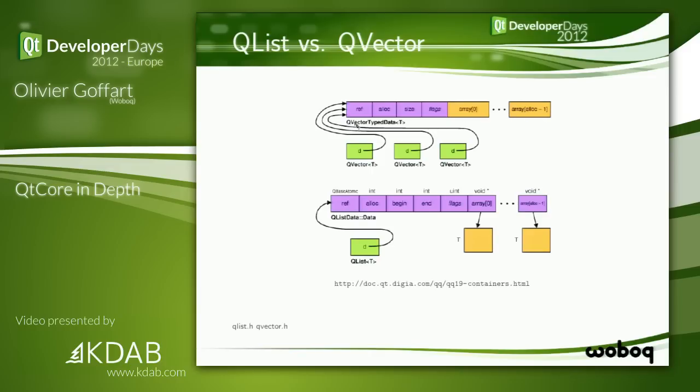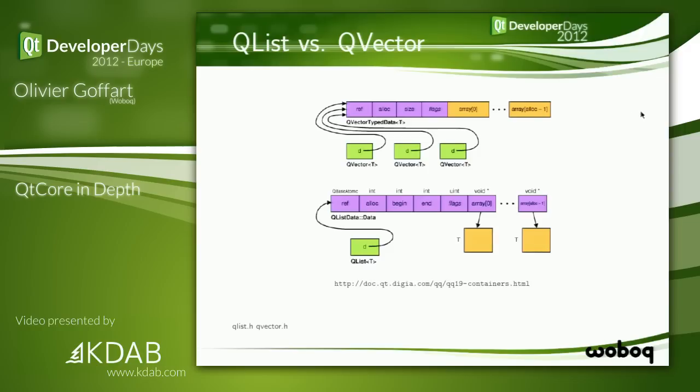The other difference is that in QVector we have a size, and in QList we have a begin and an end. Both of them have an alloc, which is the size of this array, how much size is allocated there. It's not the same as the size, because we allocate more space than required. The reason we do that is so that when you append stuff in your vector, it's really fast.